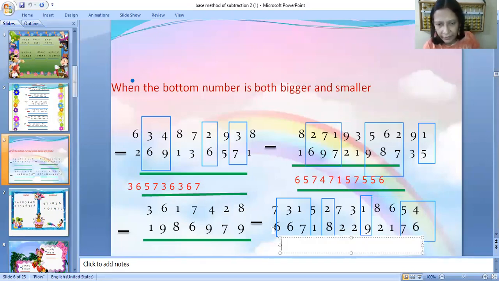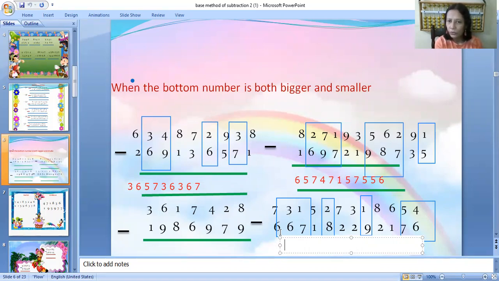Now see 7, this is 7 minus 6. 7 minus 6 is 1. This is also very important. Now you see what will happen with this 1. Before writing 1 here, you have to check with the next pair. Do you need borrowing in the next pair? Yes, you need borrowing in the next pair.